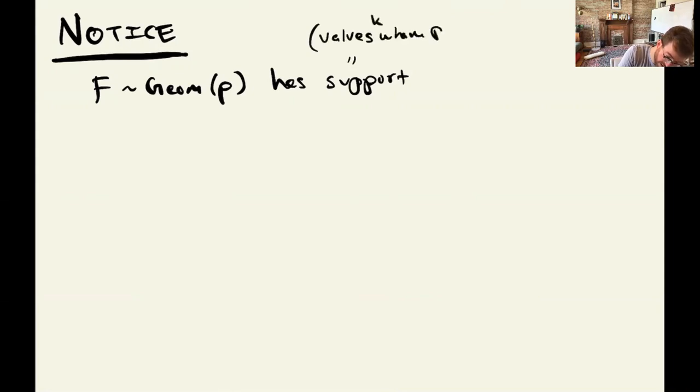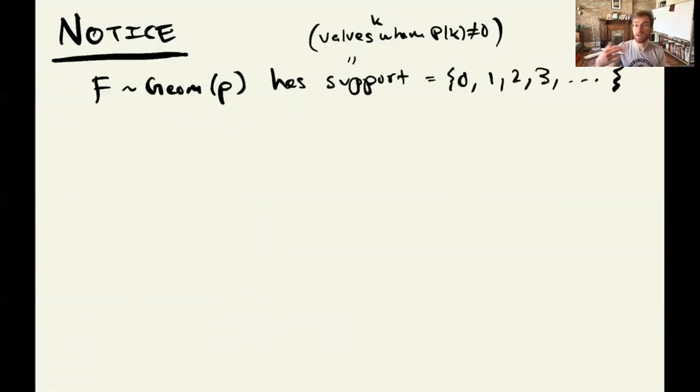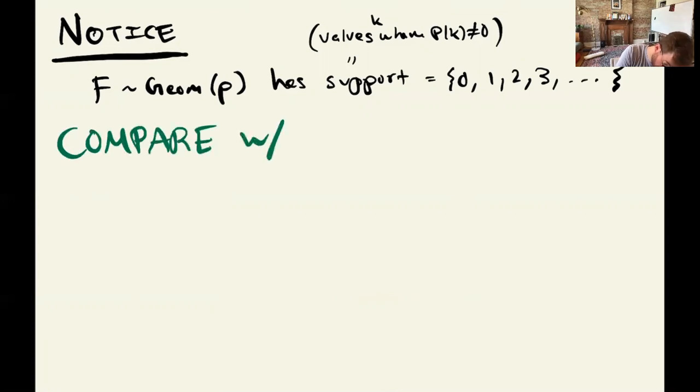Let's say k, where p of k is not equal to 0, support equal to 0, 1, 2, 3, just those integers, but on all the way off to infinity. Now let's compare this with the exponential.